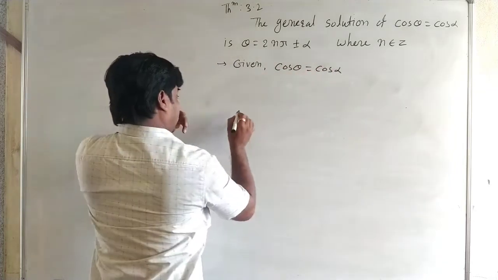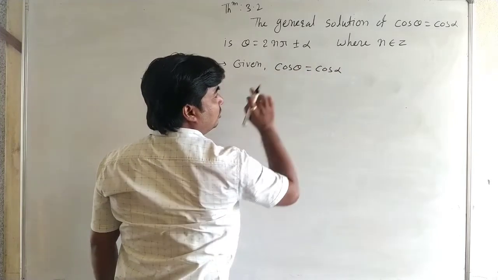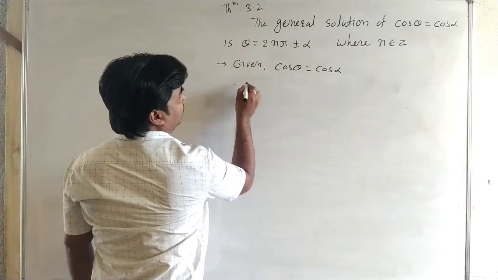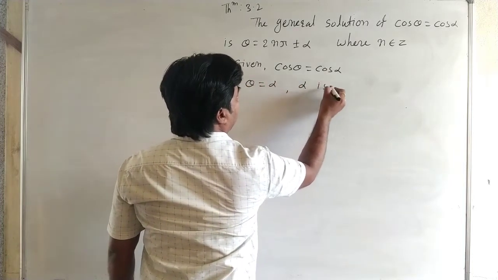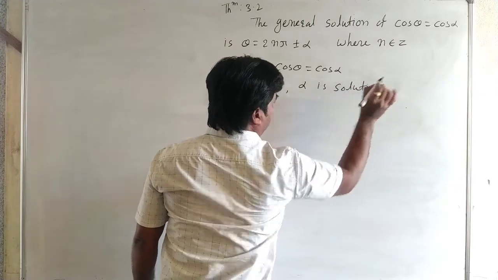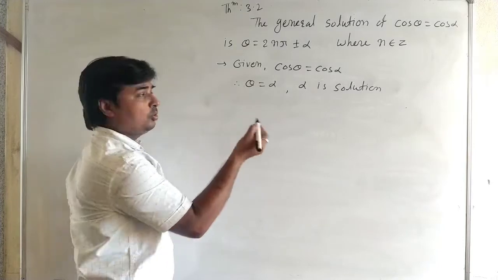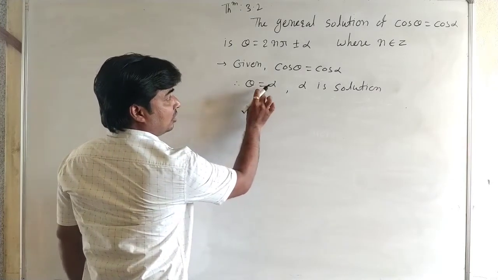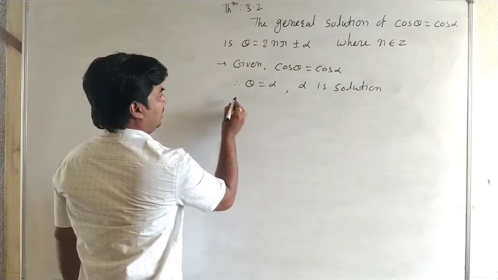That means theta is a solution, and the value of theta is equal to alpha. Therefore here theta is equal to alpha, alpha is a solution of the trigonometric equation. Now we know that cos theta is equal to cos minus theta, the negative angle formula.